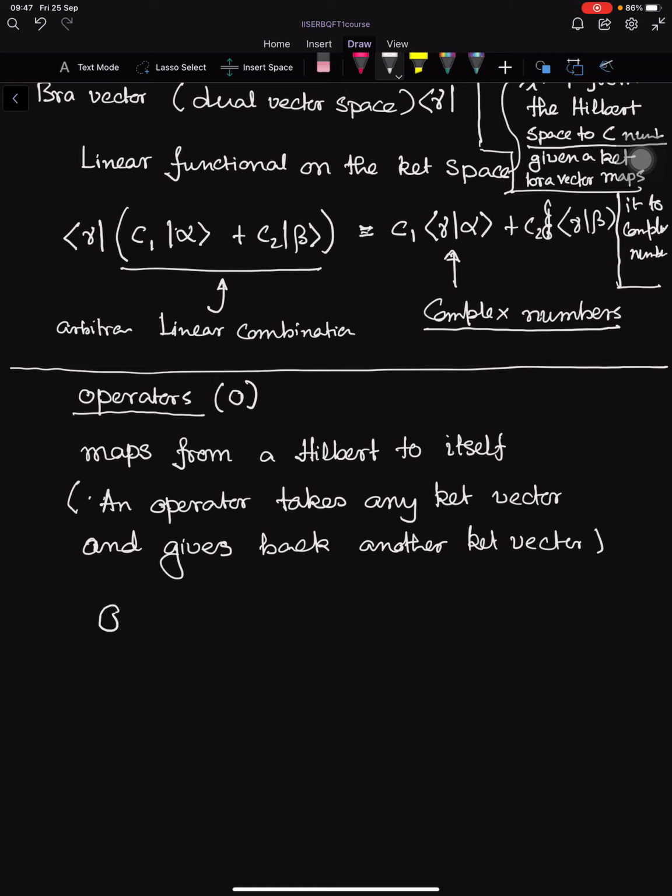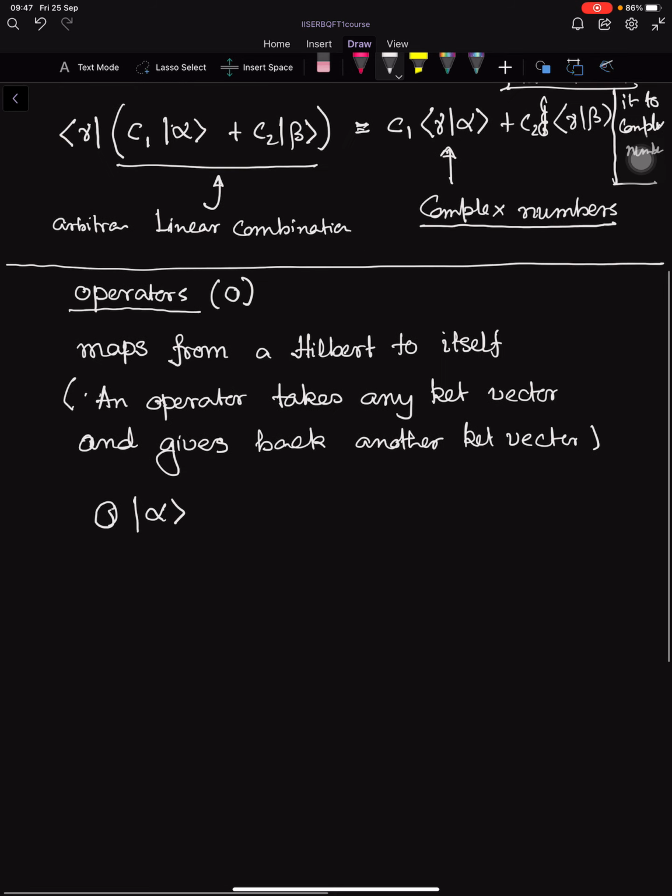Usually this is denoted as O times alpha, and this is another vector in the Hilbert space.